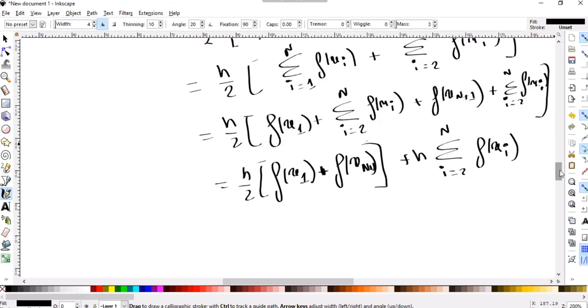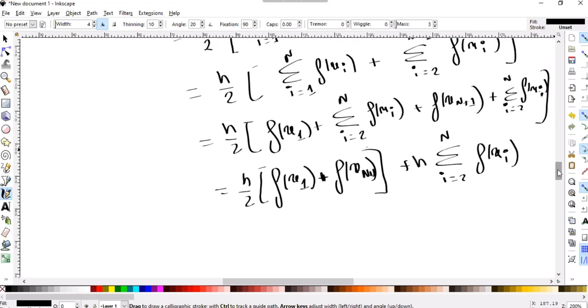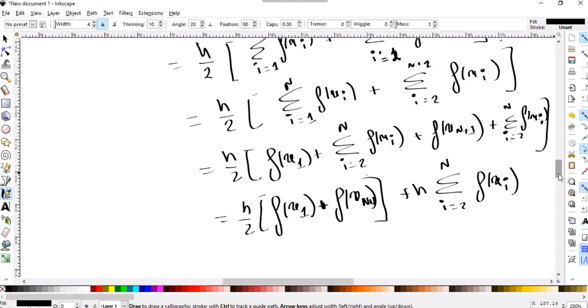So basically now if we compare to the rectangle methods, h over 2, no, because it's 2 times here, so we have 2 times, so h over 2 becomes h.